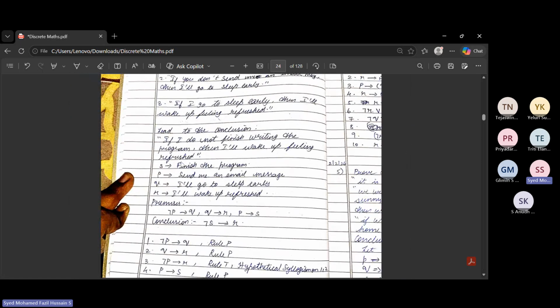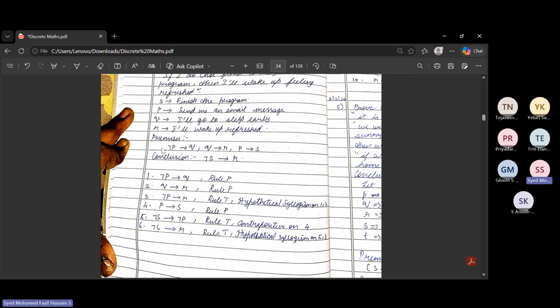We are using P, Q, R, S to represent each statement, and from that we derive the three premises given above.